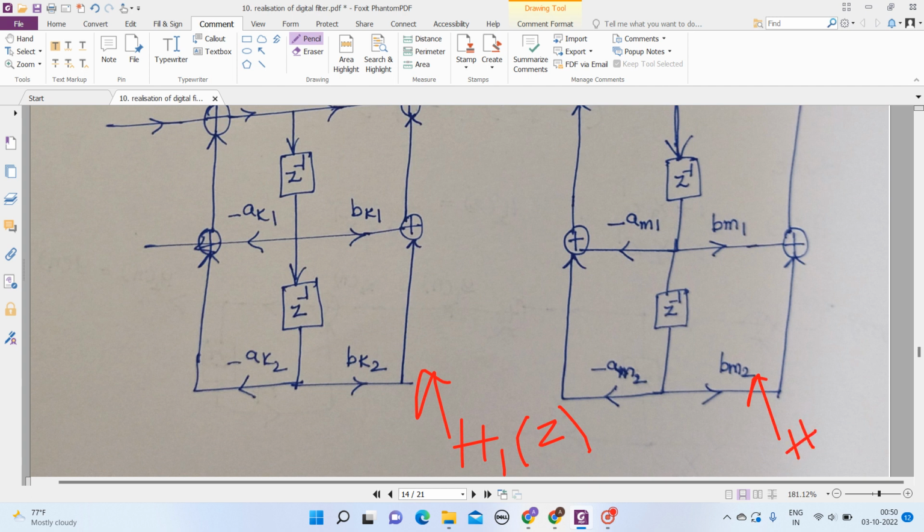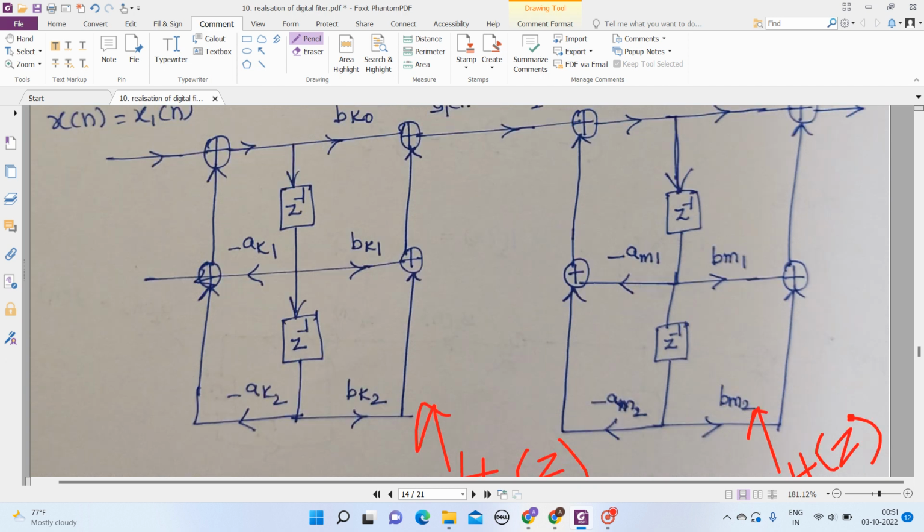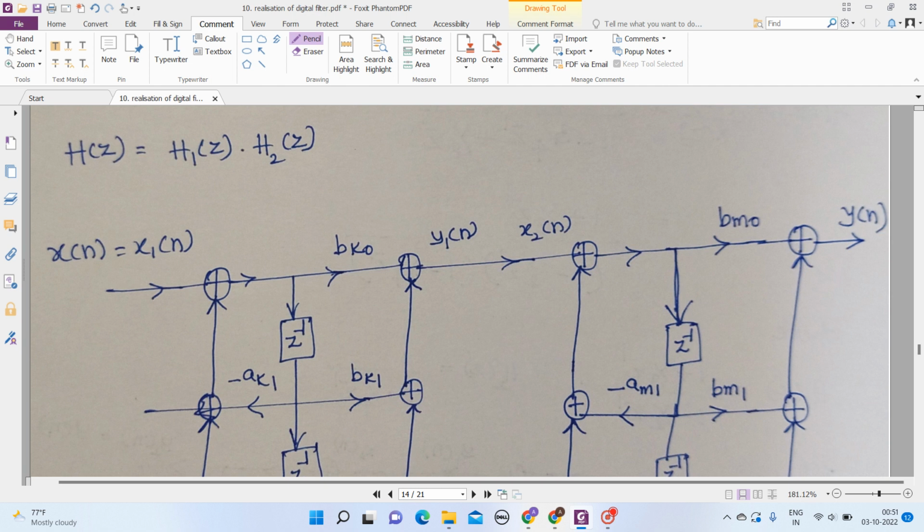Here we have applied the direct form 2 procedure to draw the structure of each individual transfer function. Thereafter, we combine them: the output y1 of n is given as the input x2 of n. We just have to combine these two structures. That's all. This is the cascade form structure of realization.